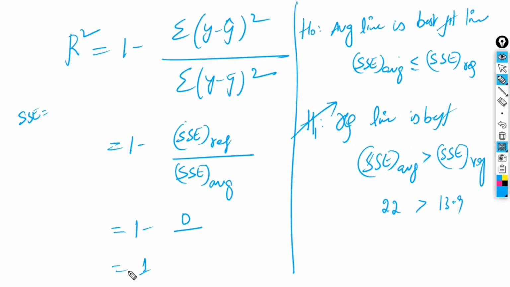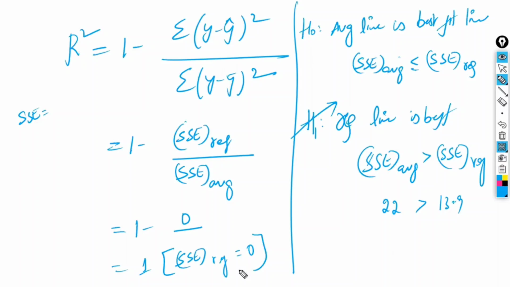Is that clear? So the maximum value is 1, and it is possible only when SSE of your regression line is equal to 0. Otherwise it is not possible.